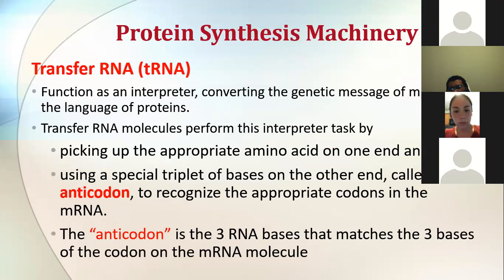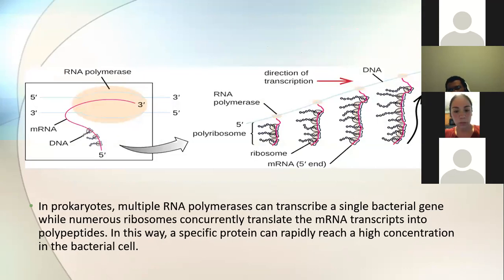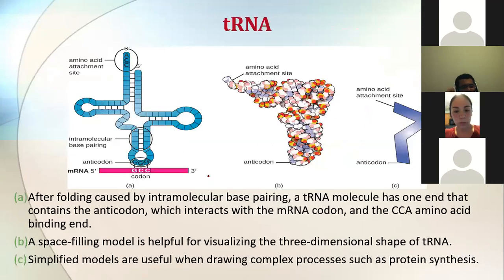tRNA, or transfer RNA, what happens? So this is the structure of transfer RNA. tRNAs actually transfer something. What do they transfer? They transfer one amino acid.